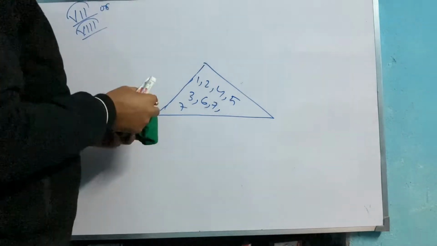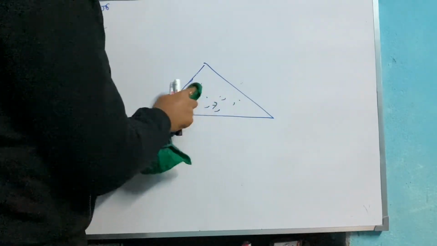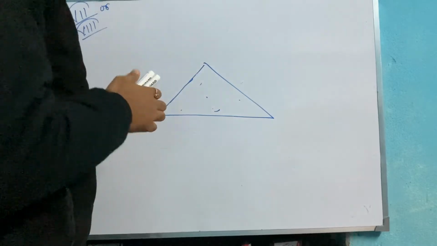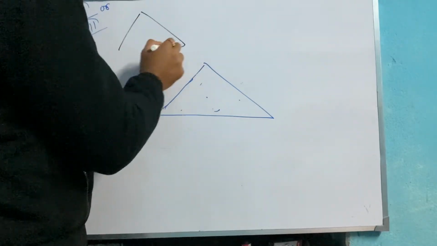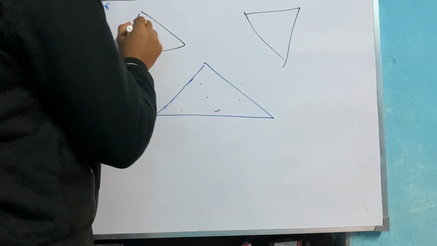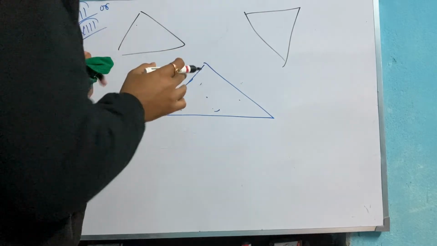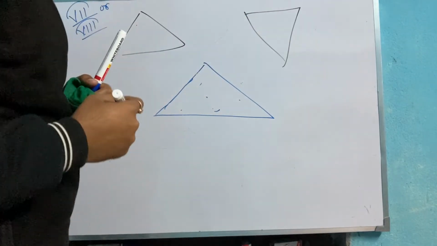Let me solve your problem. I am taking some numbers from here, and from here. From here some numbers are there, and there also may be some numbers. You don't know where the numbers are.